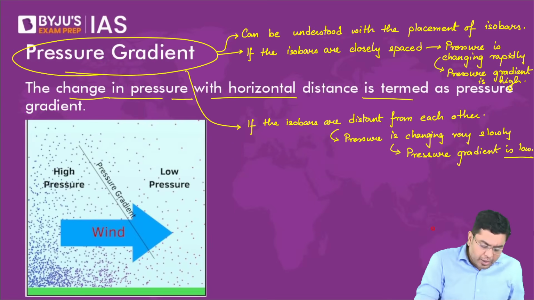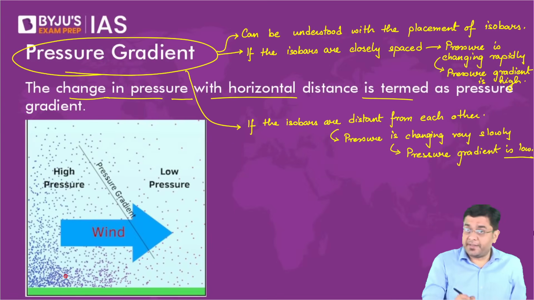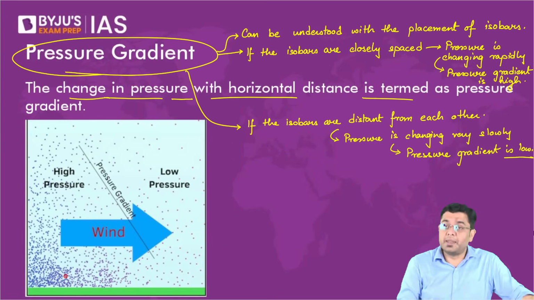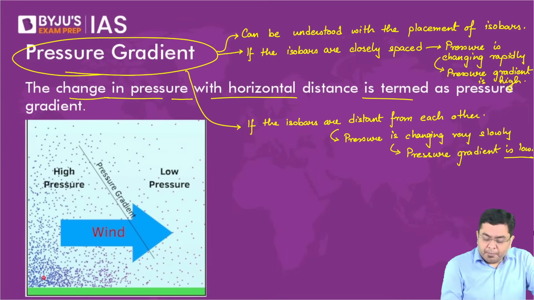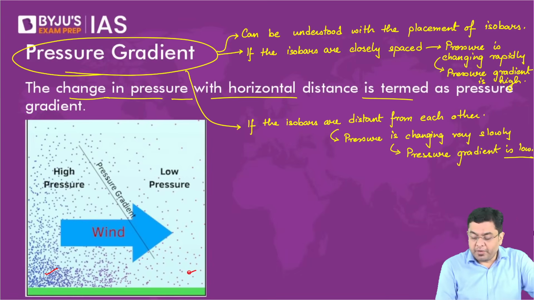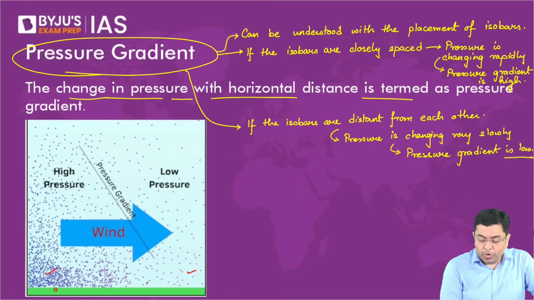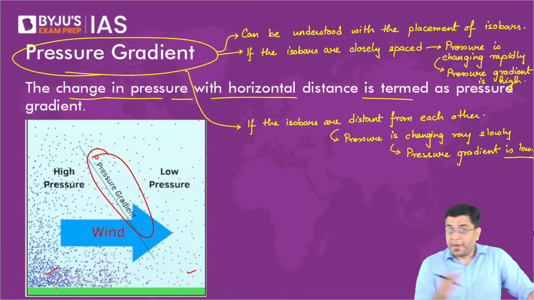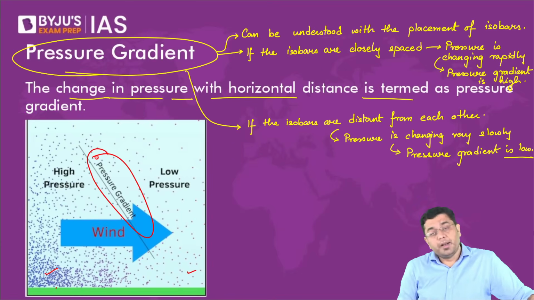So if you take a look at this particular schematic, pressure gradient means what? That in one region the pressure is high, in one region the pressure is comparatively low. So that is what is referred to as the pressure gradient, that the pressure varies over a particular distance.